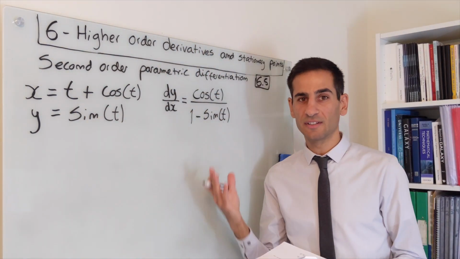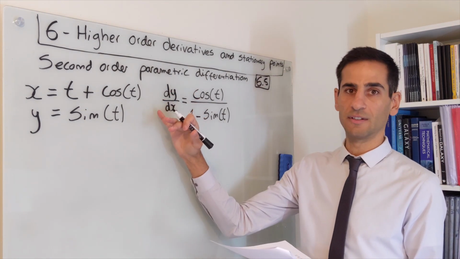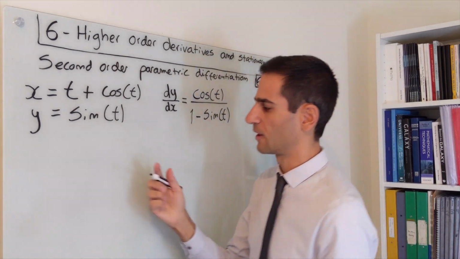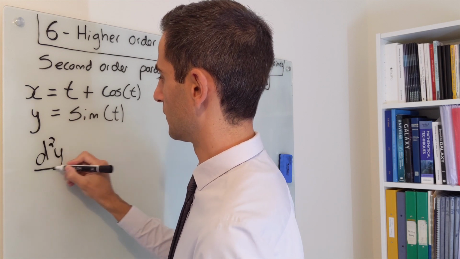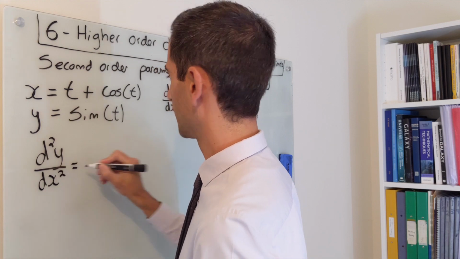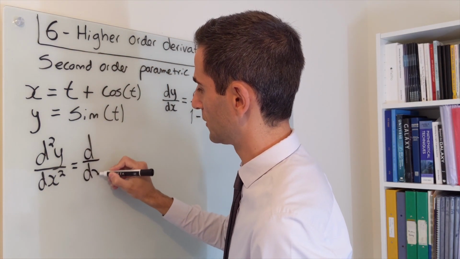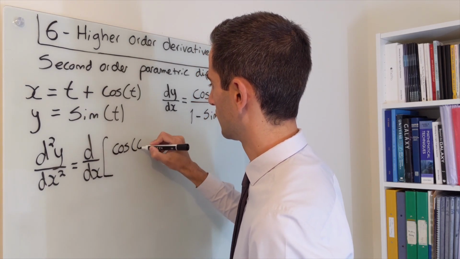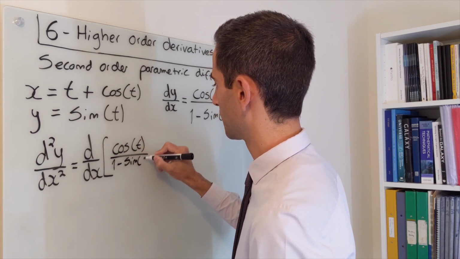If we want to obtain the second order derivative, why not just apply the operator d/dx, which means applying it on this side as well. Let's write that therefore the second order derivative of y with respect to x is all about differentiating cos t over 1 minus sine t.